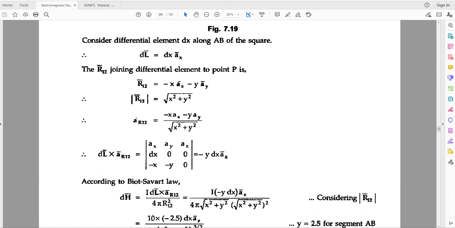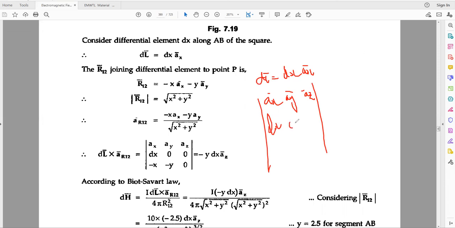What is the dl bar? Dl bar we can consider as dx into ax bar. Whenever you apply the cross product of dl and a12 bar, it is ax ay az bar. First you take the dx, because ax coefficient, and there is any ay and az coefficients, and in the a r12 bar also. For meanwhile, I am not writing the under root of x square plus y square. I'm taking only the ax bar coefficient, minus x, minus y and the 0.